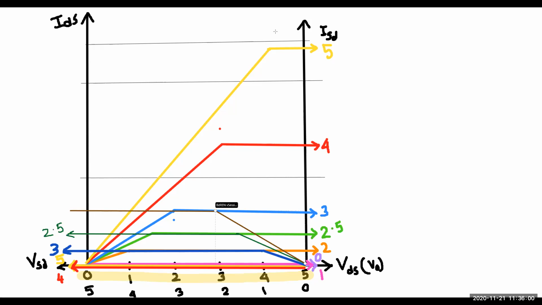What is the input? Input is 2. Yes. For 3, that means for this point, what is the current? 135. Okay, let's use this color. This is 135.